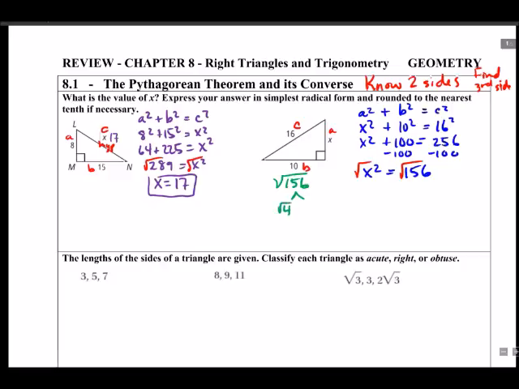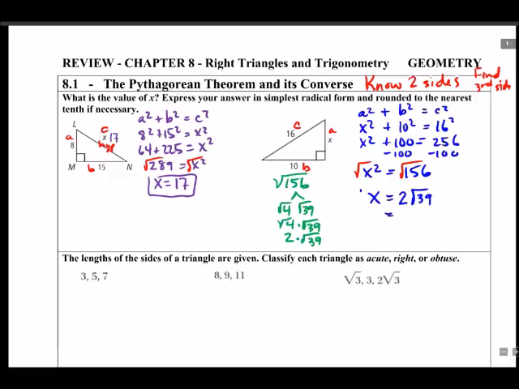So we get the square root of 4 and the square root of 39. Well, I don't think anything goes into 39, so we get square root of 4 times square root of 39. That is 2 times the square root of 39. So x equals 2 root 39 units.